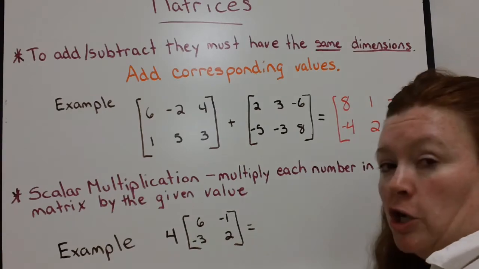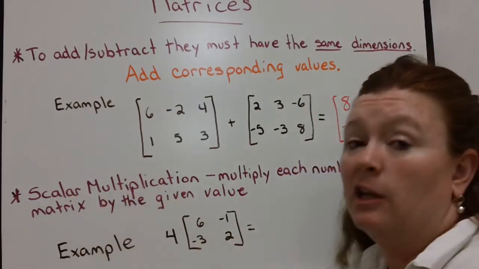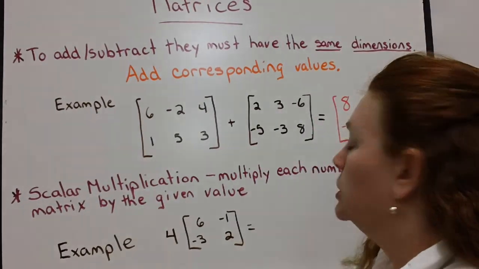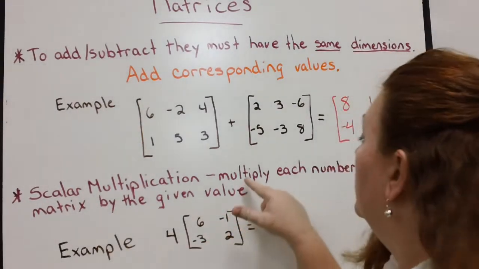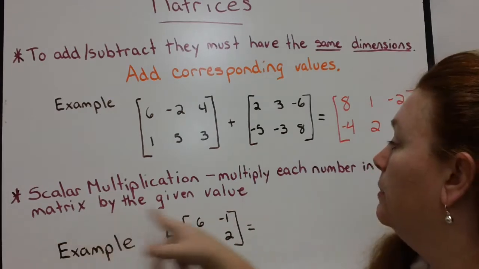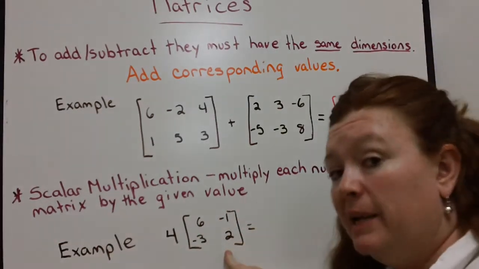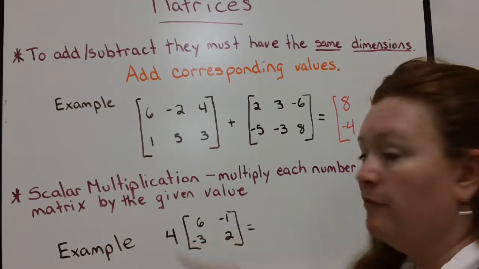Now, another concept that we have to cover is scalar multiplication. Very simple, very easy. Just be extra careful sometimes with distributing. We're going to multiply each number in the matrix by the given value. 4 times this matrix means I'm going to multiply each number in this matrix by 4.